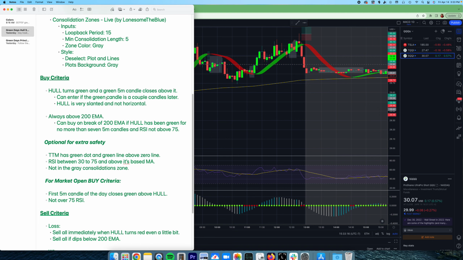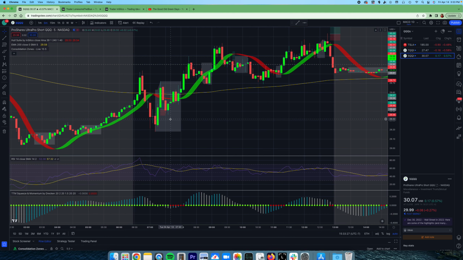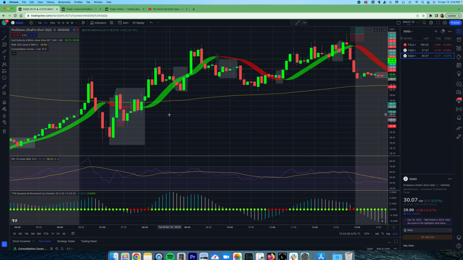So, okay, the buy criteria. You enter when you get a green 5-minute candle closing above the Hull. And if the candle's red in the beginning, so you've got right here, for example, the Hull turned green, you're in the consolidation zone, you got a red candle right here.